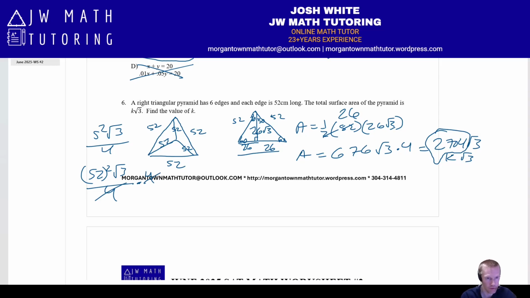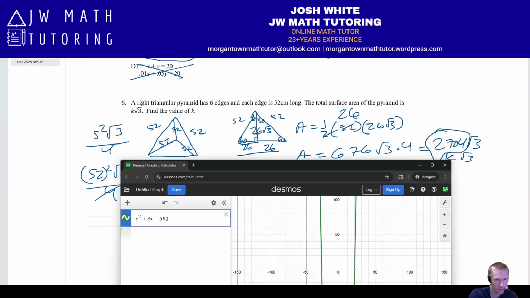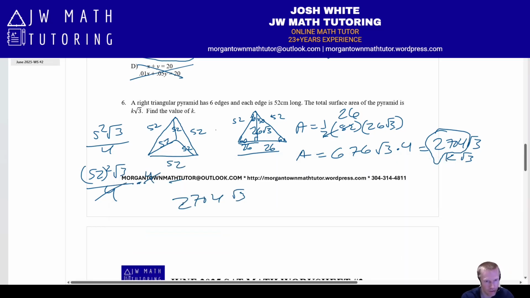So notice it's really just 52 squared root 3, and that should give us the 2704 we got using the other approach. Let's just confirm. Yeah, 52 squared, 2704. So that's just an alternate way to think about this. You could potentially save a little time if you know the shortcut formula for the area of an equilateral triangle.